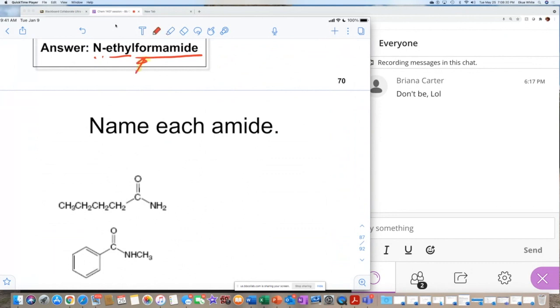Here we don't have any side groups on the nitrogen, but we have 1, 2, 3, 4, 5 carbons. Since we have a regular amide, I'm going to try to replace the E with amide. I have 1, 2, 3, 4, 5 carbons, so that would be pentanamide.